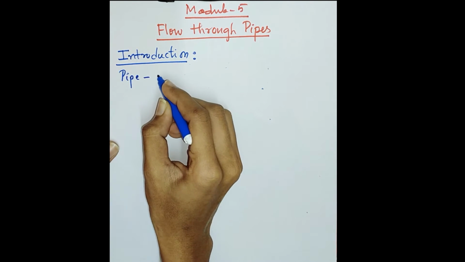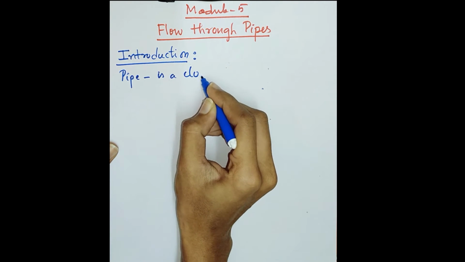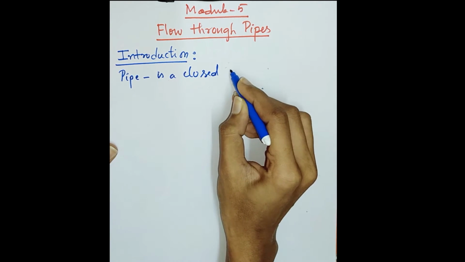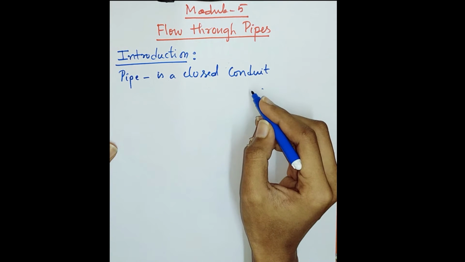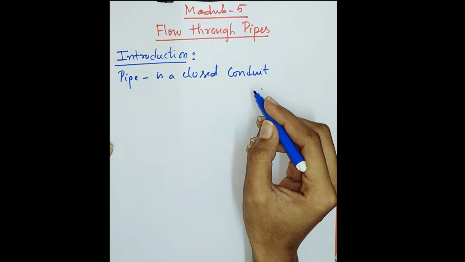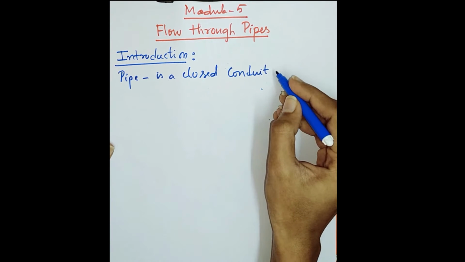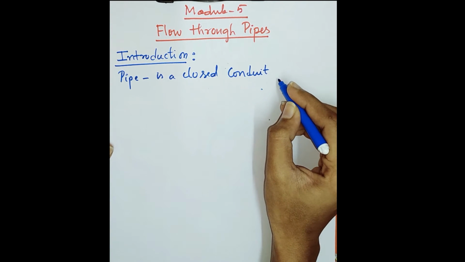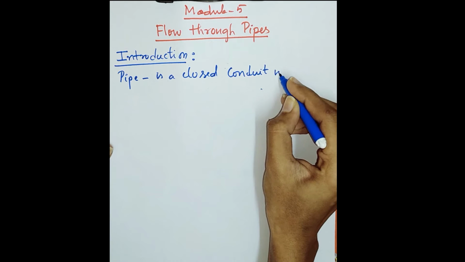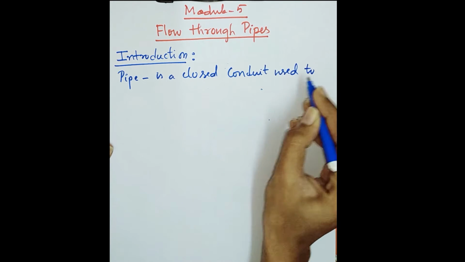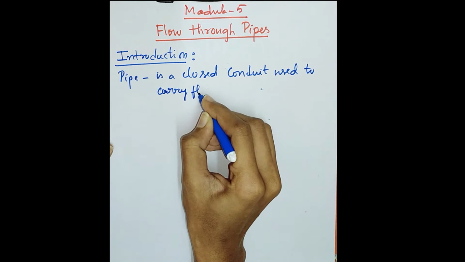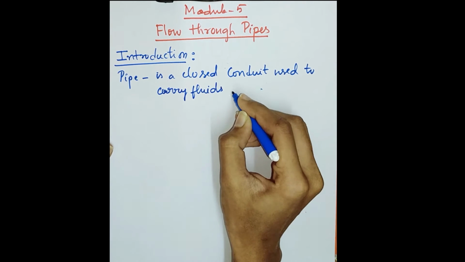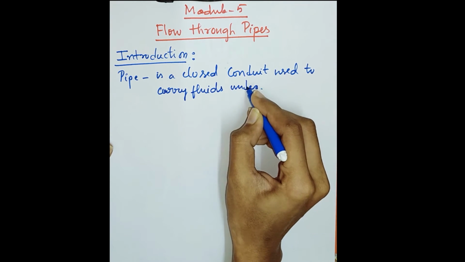See, a pipe is nothing but a closed conduit which is used to carry fluids under pressure. Okay, so a pipe is nothing but a closed conduit which is used to carry fluids under pressure.